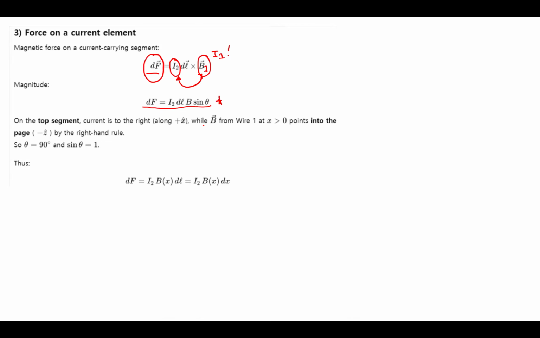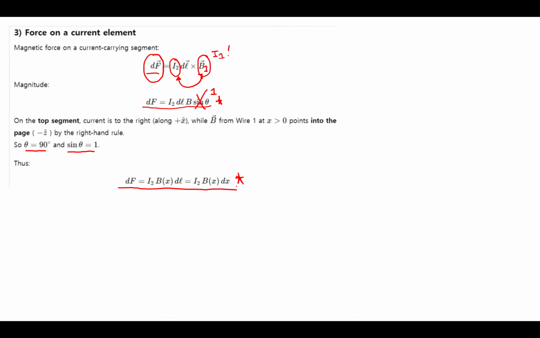And then dF is going to be this one. And it's time to think about sine theta: because the angle is orthogonal, sine theta becomes 1. And then the only thing is given by this one.